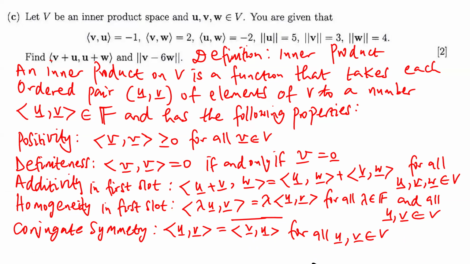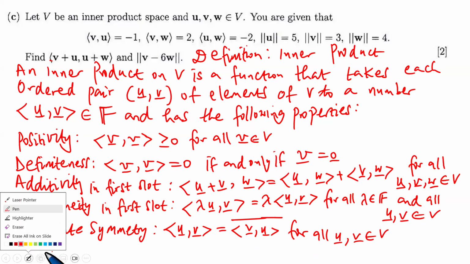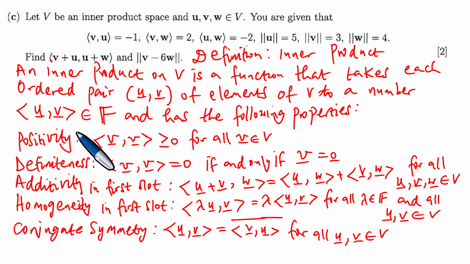So obviously this is the definition of the inner product, but a couple of things you need to take into account. We spoke about positivity, meaning the inner product with itself is always greater than or equal to 0 for all vectors V in V. The definiteness property means that the inner product of a vector with itself is 0 if and only if V equals the zero vector.